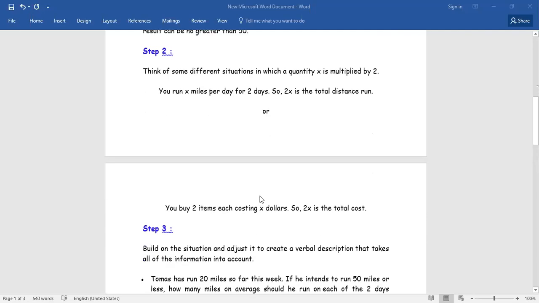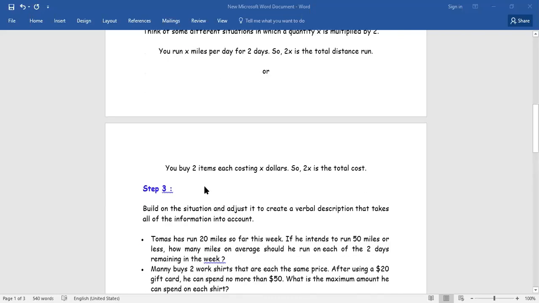Or you buy two items each costing x dollars, so 2x is the total cost. As I told you, it depends on what x stands for. If x is miles, then 2x is the total distance. If you buy two items each costing x dollars, 2x represents the total cost.